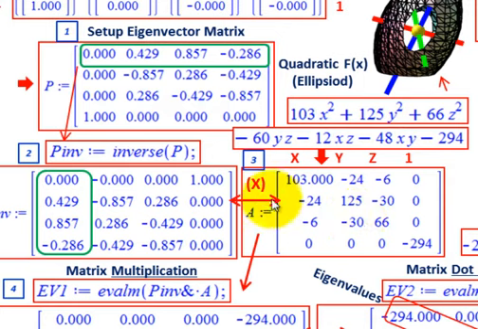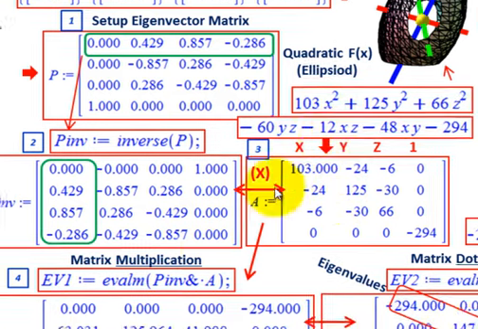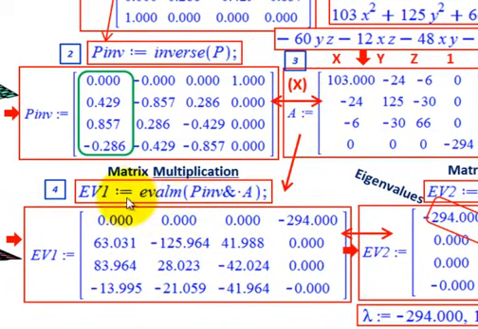So just do that multiplication, P inverse times the matrix we set up for the quadratic function, and what you come up with is the new matrix, just showing here.